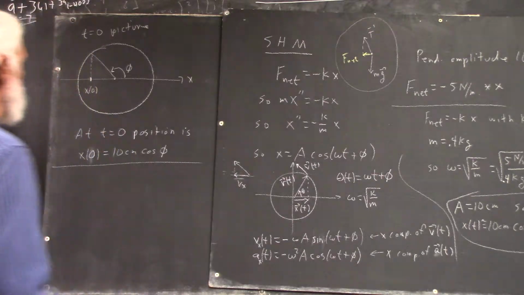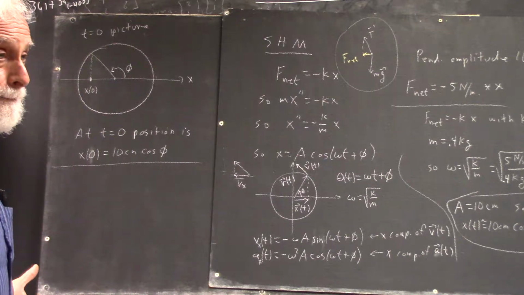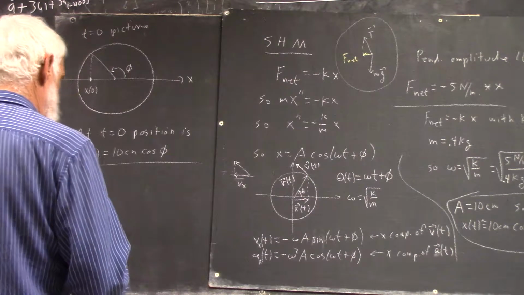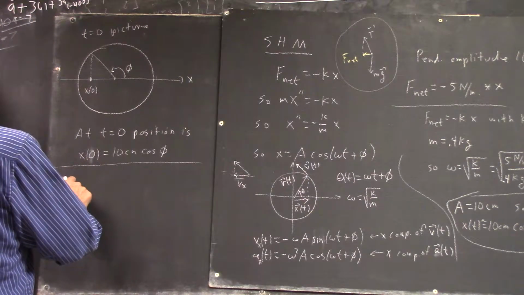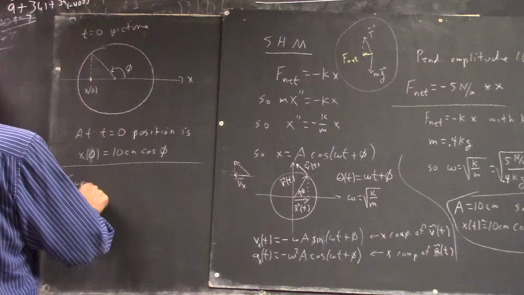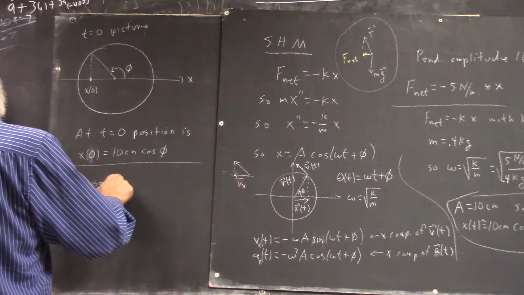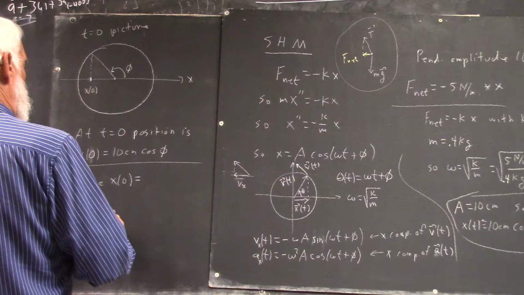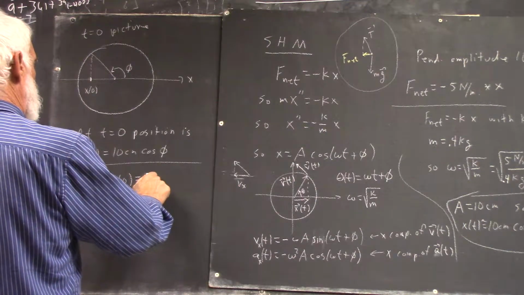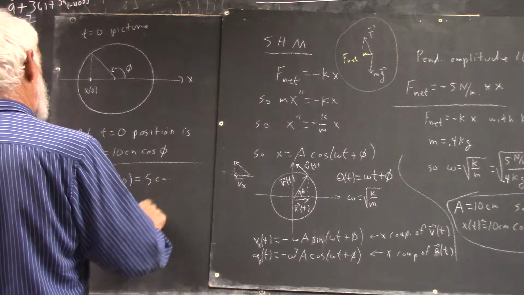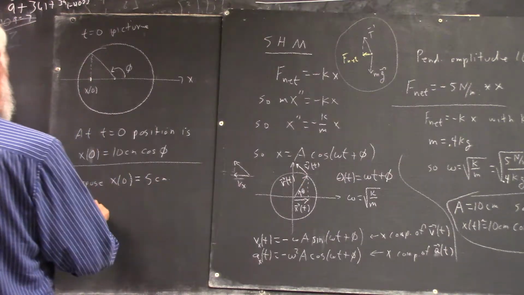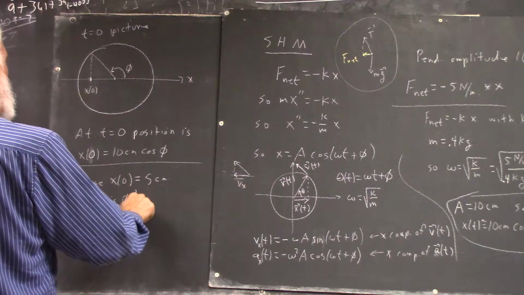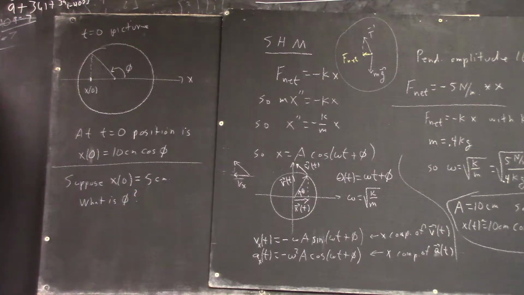Now that's fine if you know phi. But what if we now say, okay, suppose x of 0 equals 5 centimeters.